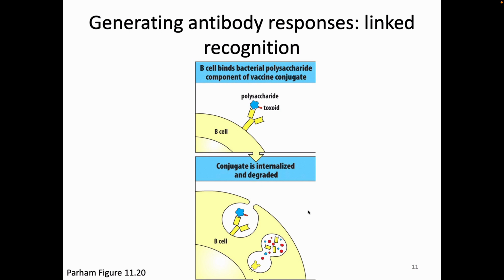Oftentimes, we call the polysaccharide, or whatever the antigen is, we often call it a hapten.